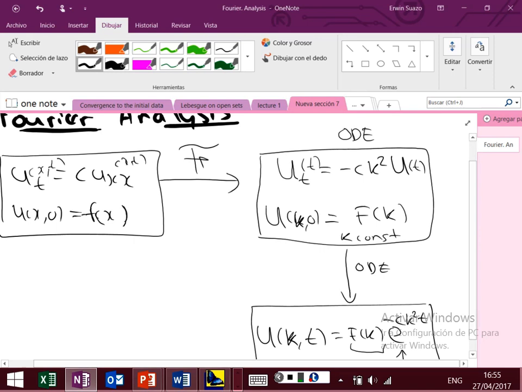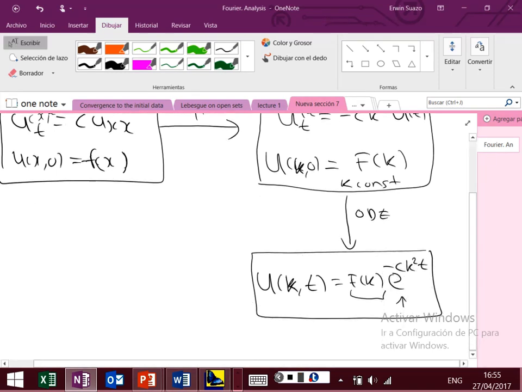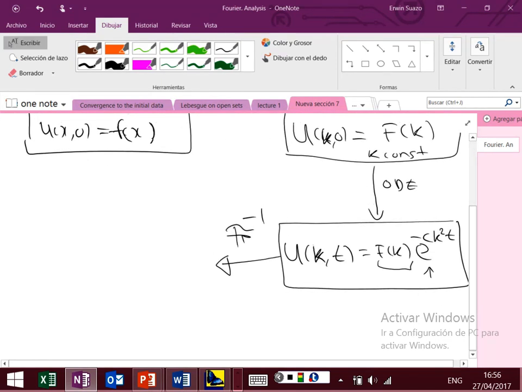Then you take it over here, and once you have your ODE, you come back by the inverse Fourier transform. And when you come back with your inverse Fourier transform, you will use the convolution thing. Who talked about convolution? Lee, you talked about convolution, right?